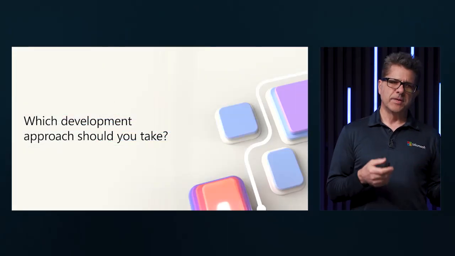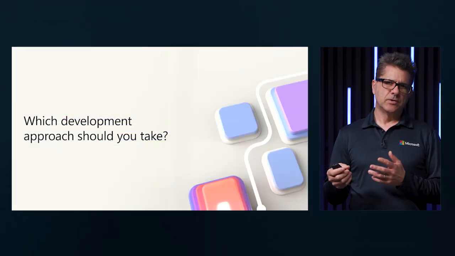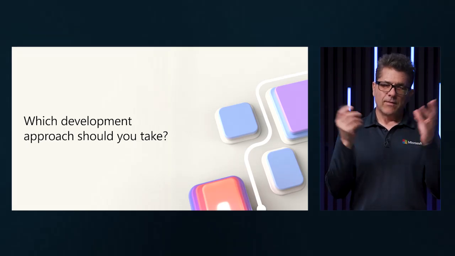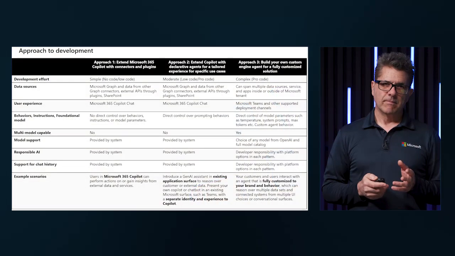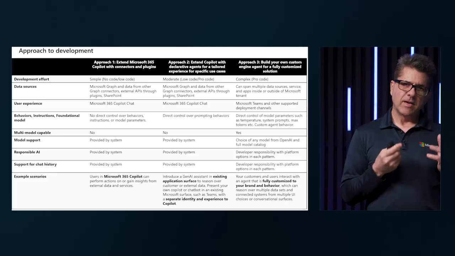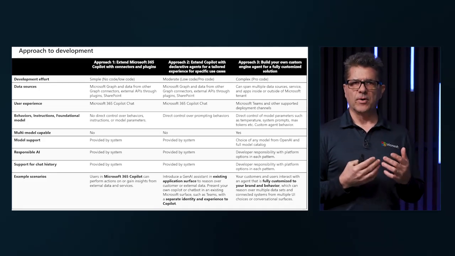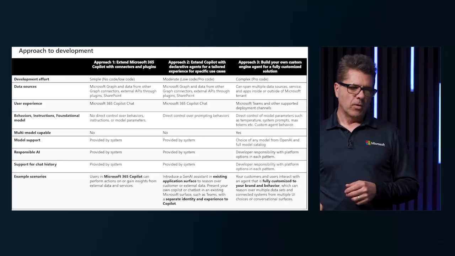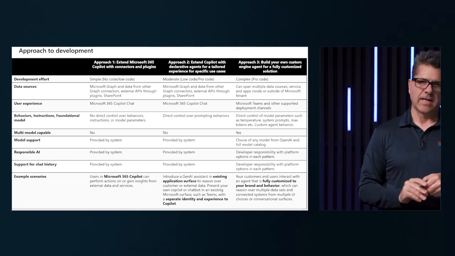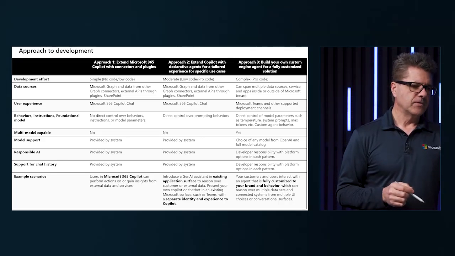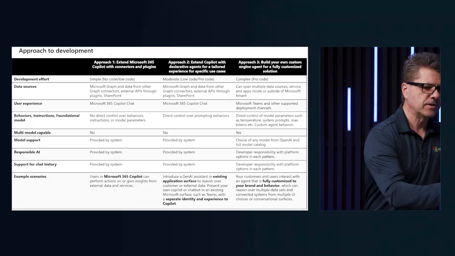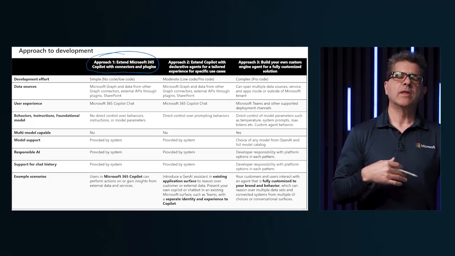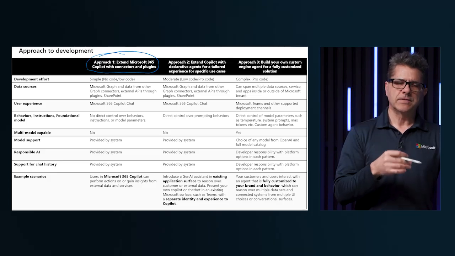Now, which development approach should we take? We did ask Copilot. Copilot gave us a few choices. Now, let's look at the behavior. This is the most important part. If I look at this chart, we have a couple of items that I want to highlight. From a development perspective, first, let's look at approach number one, Microsoft 365 with connectors and plugins.